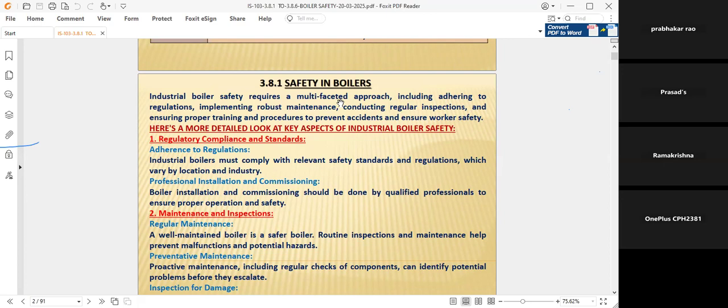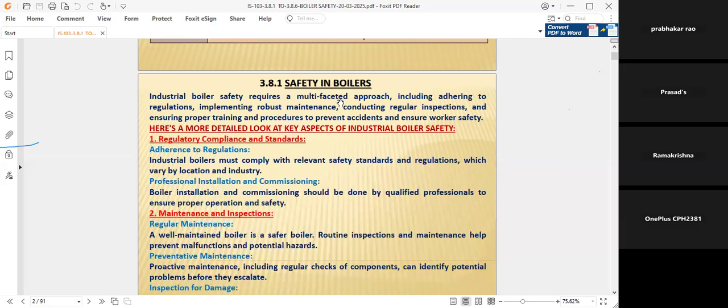inspectors, by the designated or qualified engineers, but also the inspector of factories will inspect the boilers yearly, ensuring that the boiler is kept running only after getting a certificate from the inspector of boilers.